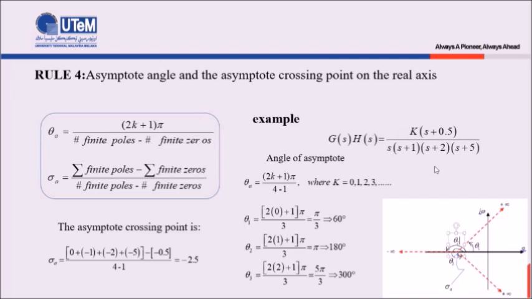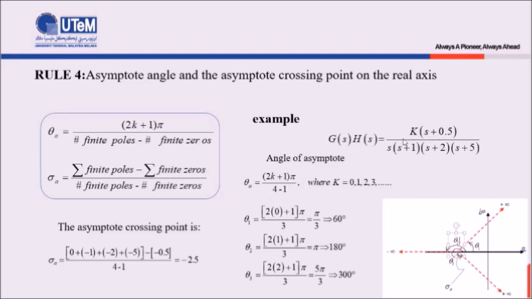From here, we can calculate the angle of asymptote using this formula, where theta A is 2k plus 1, and k we just put 0, 1, 2, 3, and so on, times pi divided by the number of poles. The number of poles here is 4, because we have a fourth order system: if we multiply all together, the highest power is s to the power of 4.